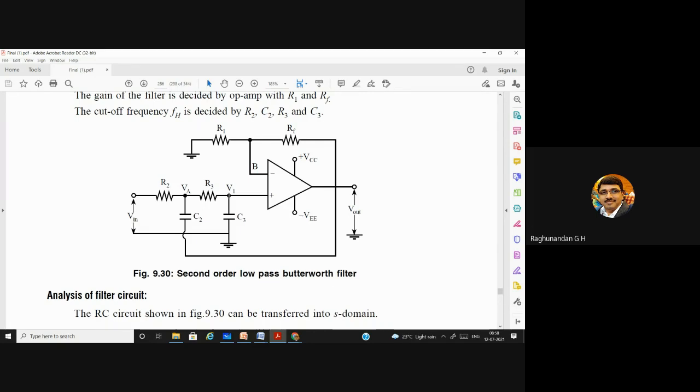Across which component does the voltage V1 appear: R3, C3, C2, or R2? So that'll appear across R1, right?